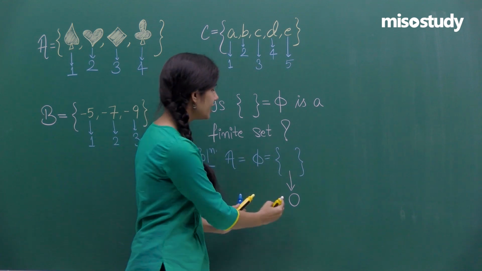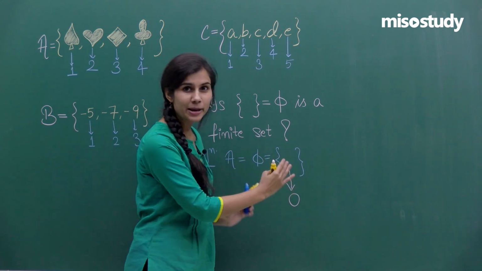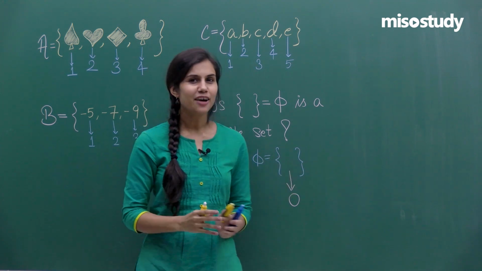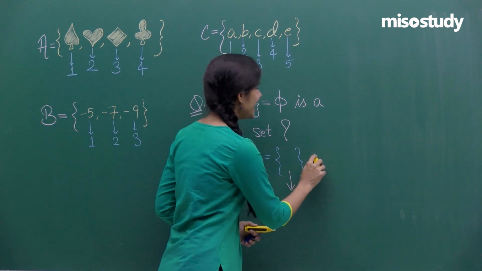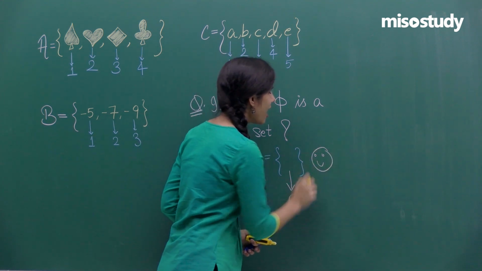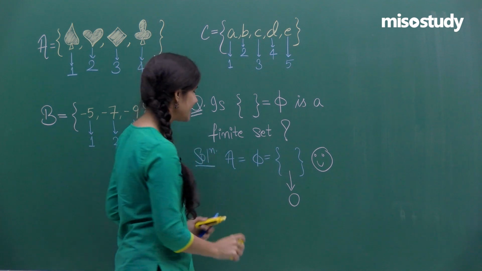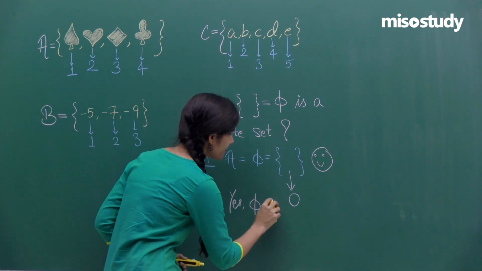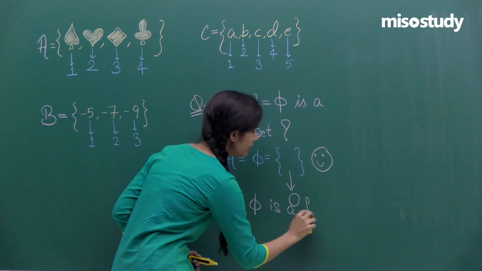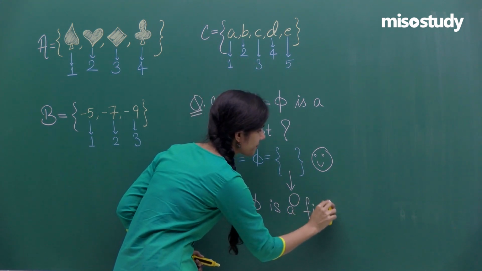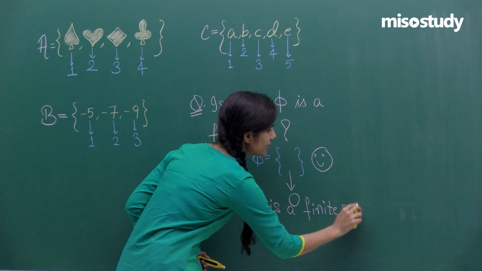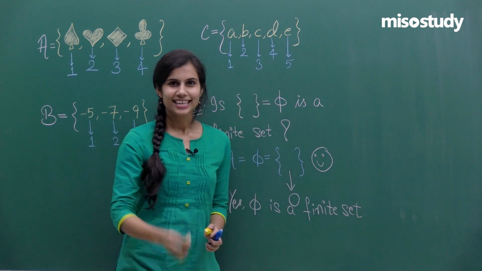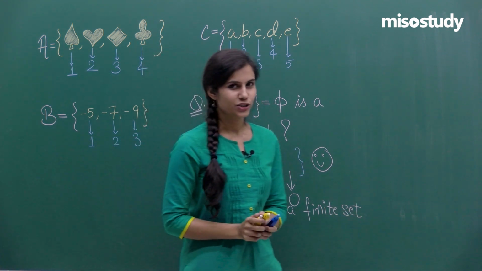And therefore, in the case of the empty set also, we have this declaration that yes, empty sets are also finite sets. So I'll write yes, phi is a finite set. This was a very nice observation.